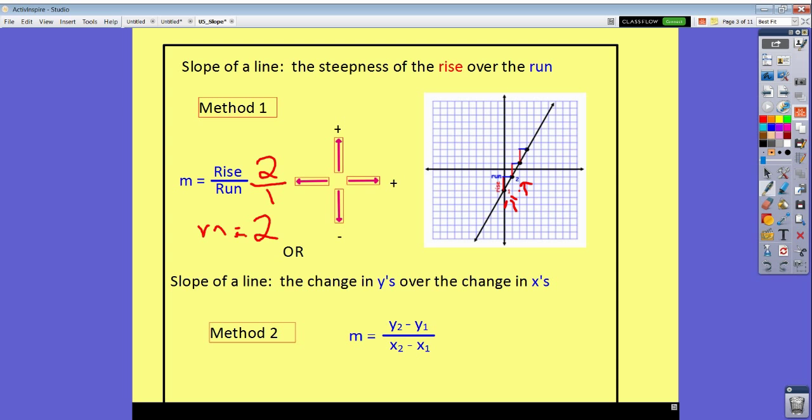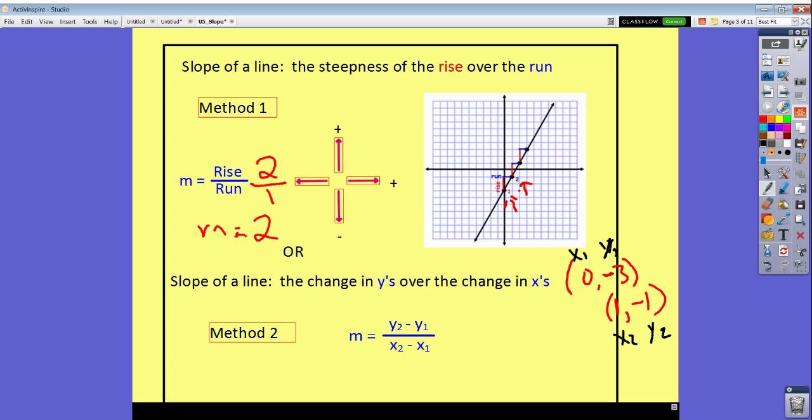So if we have the points (0, -3) and (1, -1), and if you notice, I just took those 2 points that we just used. I'm going to label them x1, y1, and then x2 and y2.